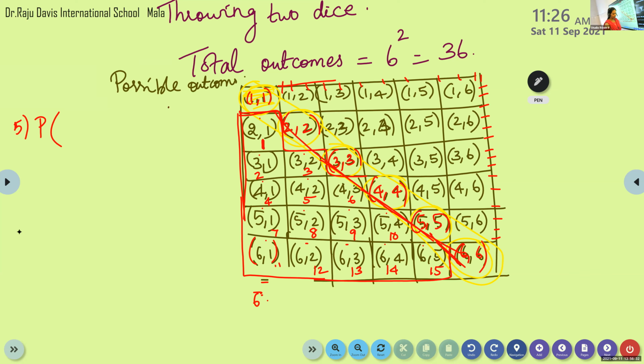What is the probability that 5 will come up at least once?